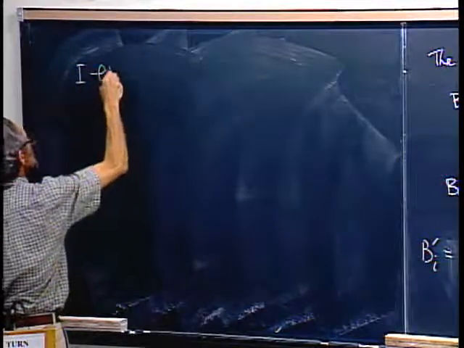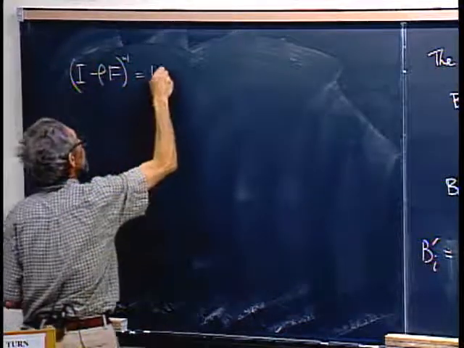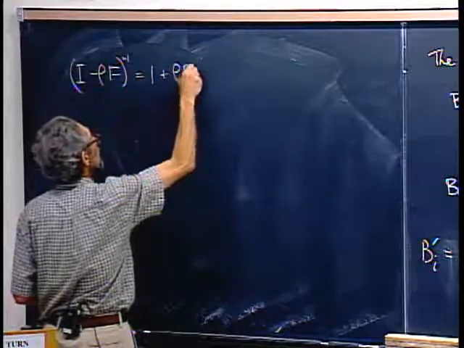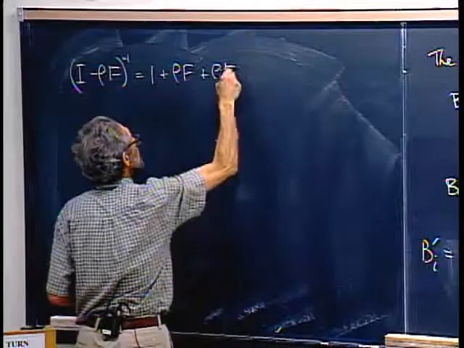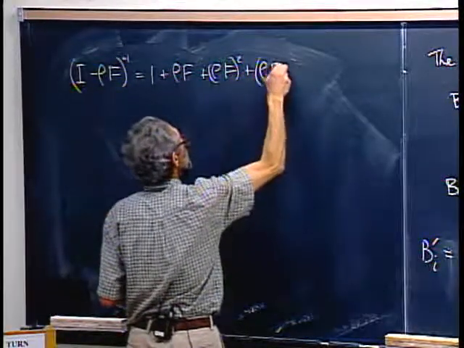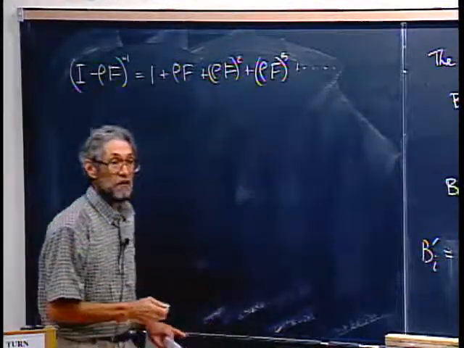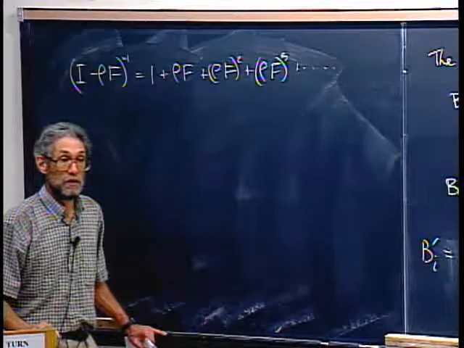So there's something called a Neumann series, which says that the inverse of 1 minus any matrix equals 1 plus that matrix plus that matrix squared plus that matrix cubed, this infinite series, if that infinite series converges to a matrix.